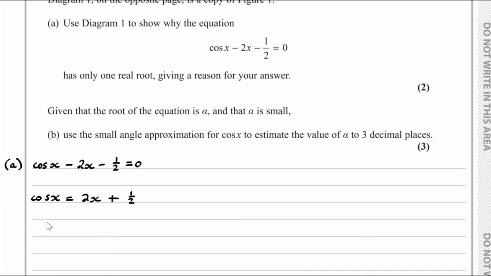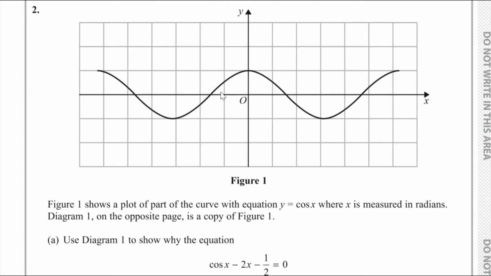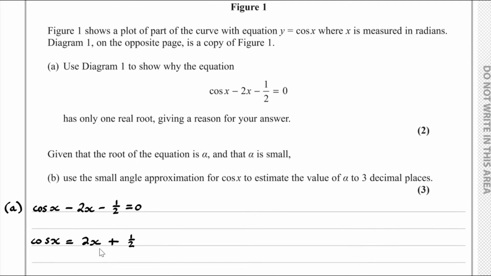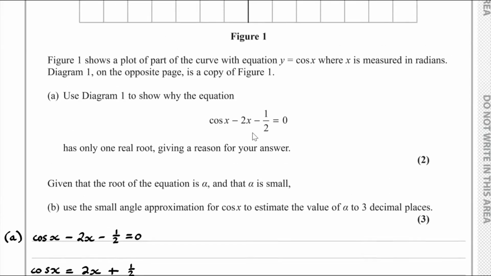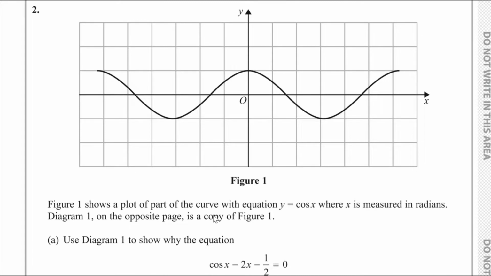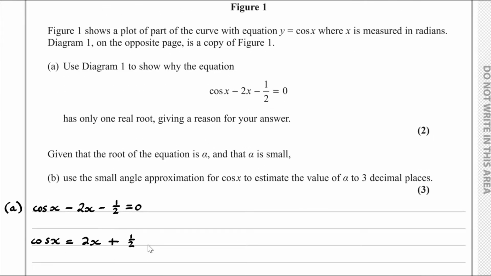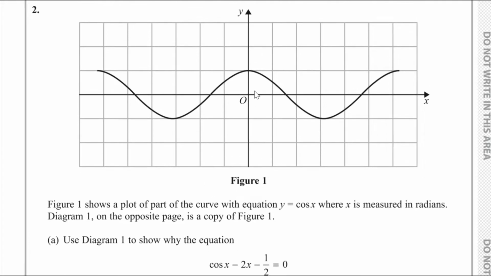And so far, drawn for us, we've got cos x. And if we draw the line 2x plus 1/2, you'd find that we have 1 point of intersection. So let's draw 2x plus 1/2 on this diagram. Drawing 2x plus 1/2, we have this line over here.